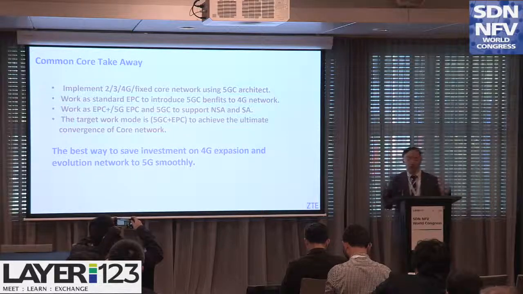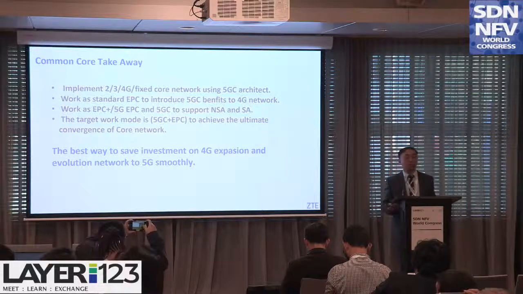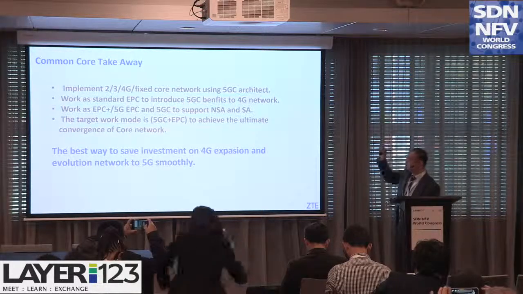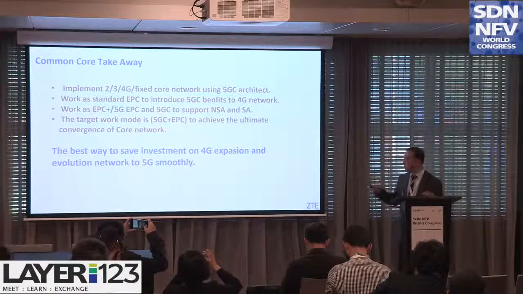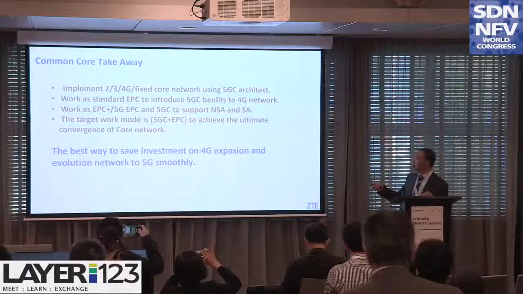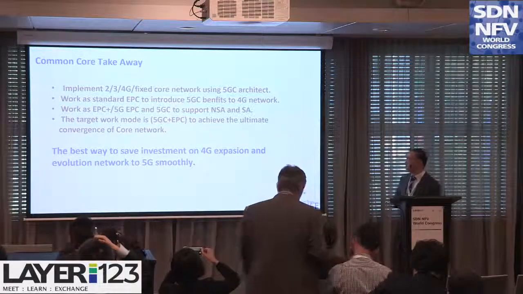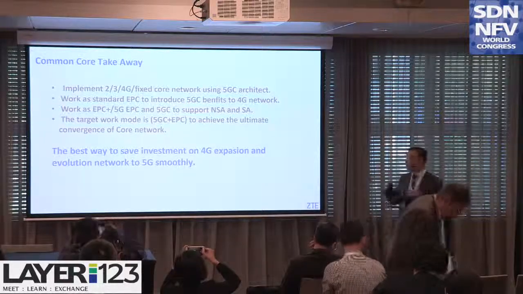So even if you don't want 5G now, you can use this common core as a virtualized EPC to get some benefit. And it can work as EPC Plus, or the 5G EPC and the 5GC, to support both standalone and non-standalone.